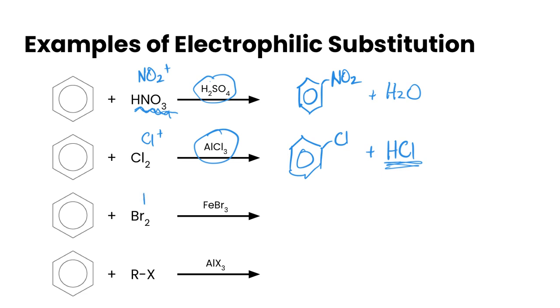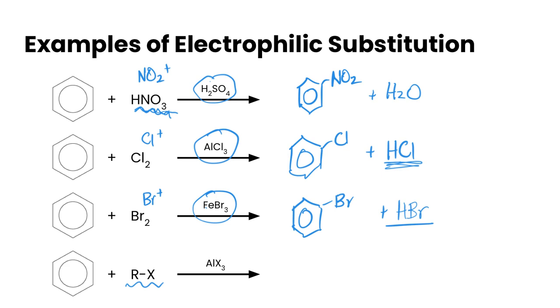Similarly, in the next reaction, we have a Br plus as our electrophile with an iron 3 bromide catalyst. And so that's going to create a bromobenzene and HBr as its other product. And then finally, we could add any kind of alkyl halide.